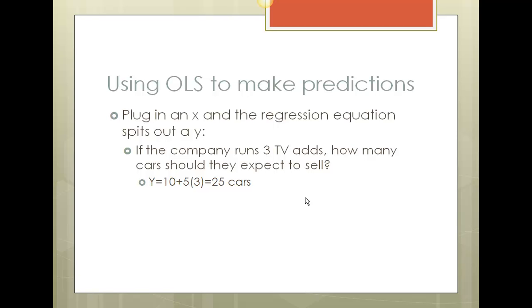So when you're using OLS to make your predictions, make sure that the X inputs you're using are relatively consistent with the X inputs that you've used in order to estimate that regression equation.